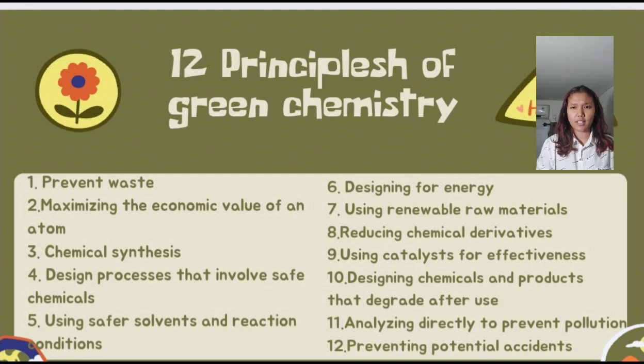And the third is less hazardous chemical synthesis. Like the first one, this principle advocates the use of chemicals that are at least hazardous. Right from the start of production, it is expected that chemical synthesis is not harmful to human health and the environment. And the next is designing safer chemicals.